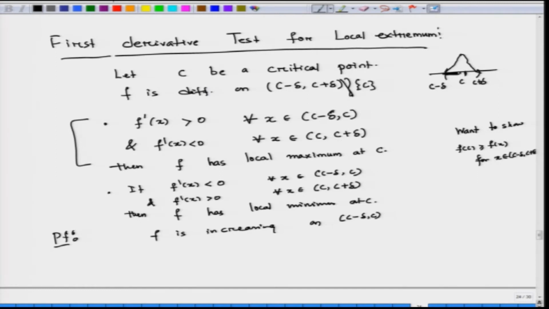So, in some neighborhood of C, f of C is greater or equal to f of x. So, f is increasing on the left hand side of this.